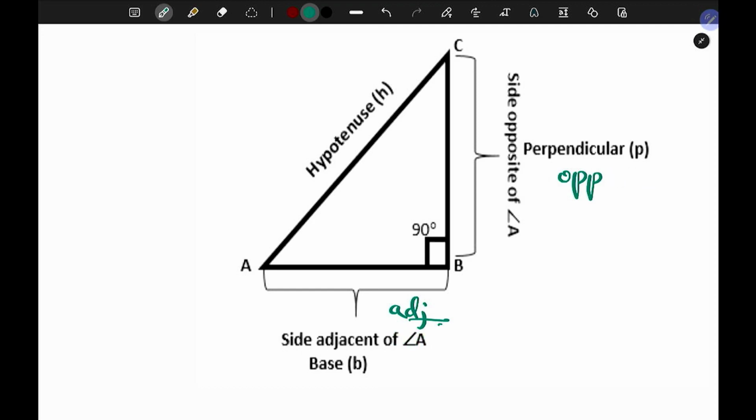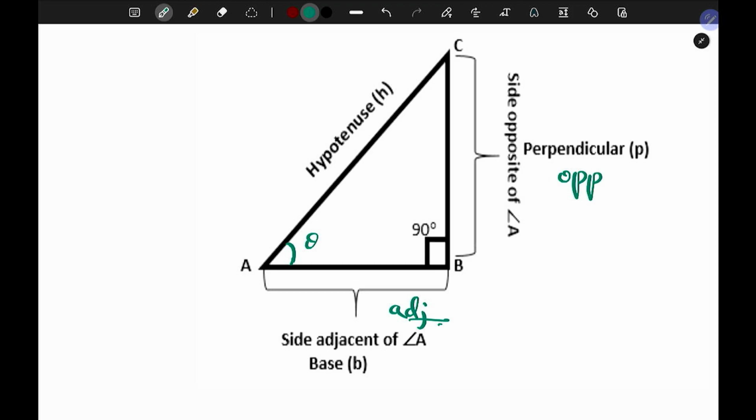What's the reason is, there is something called an angle, a random angle, theta, okay. It's a variable angle. We don't know what's the value of this angle. So it can be 45, it can be 30, it can be 18, it can be, I don't know, any value which is less than 90.